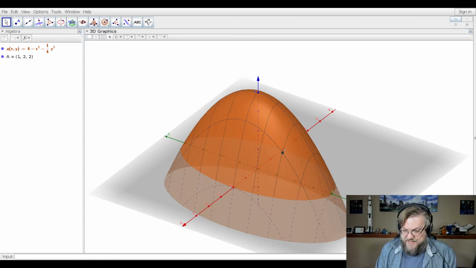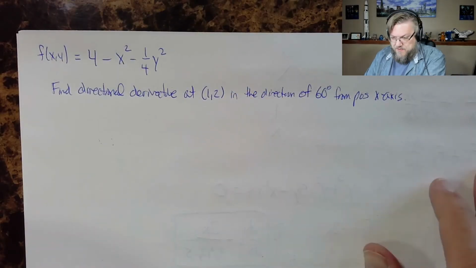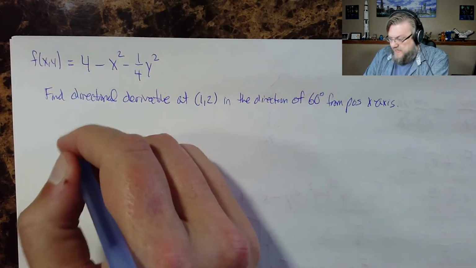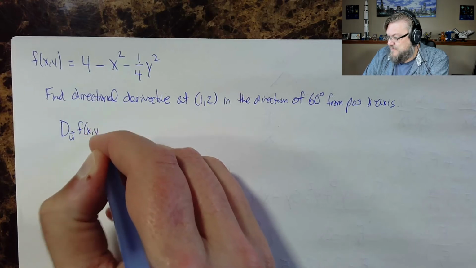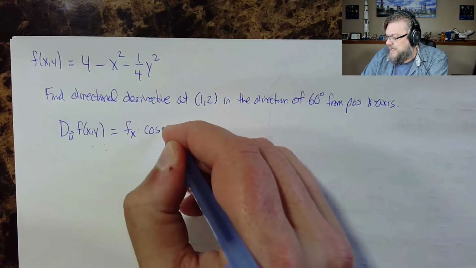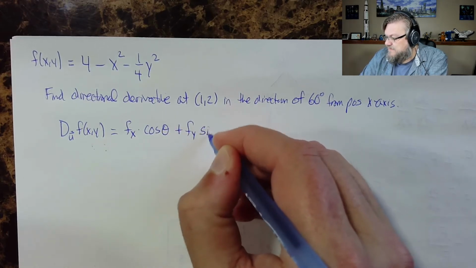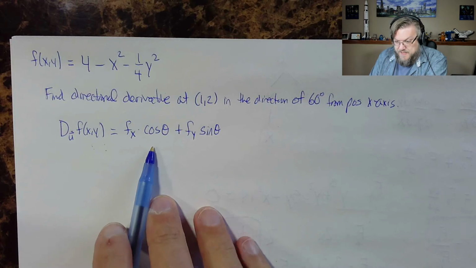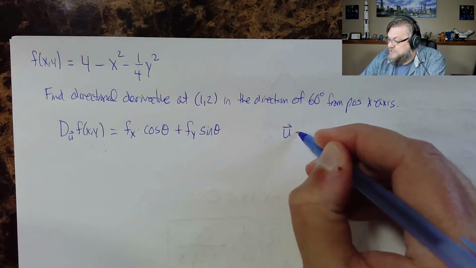Now, to get to that, let's go ahead and work this out on paper here. First things first, our formula for the directional derivative is fx times cosine of theta plus fy times sine of theta. I need to first get my unit direction vector.